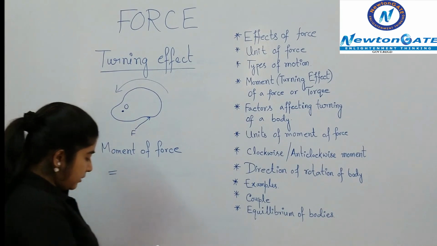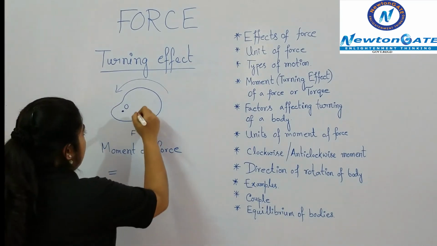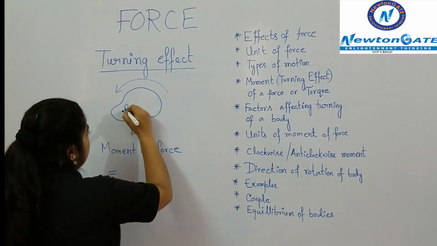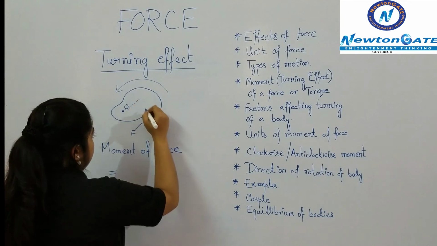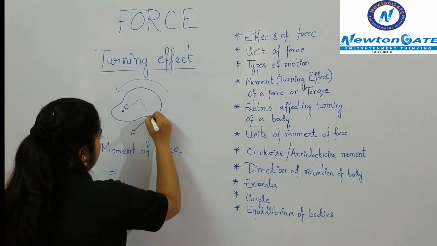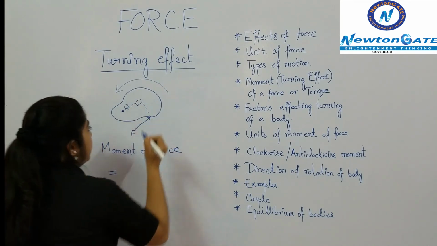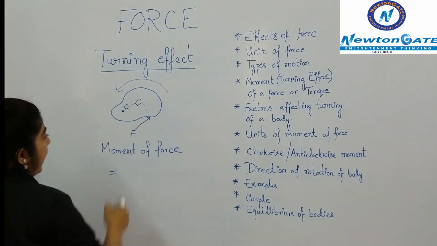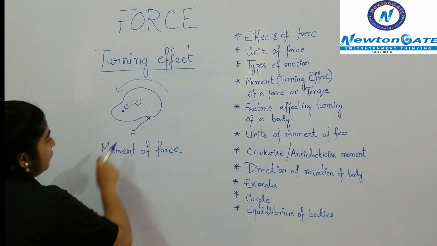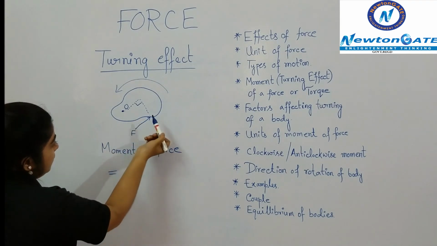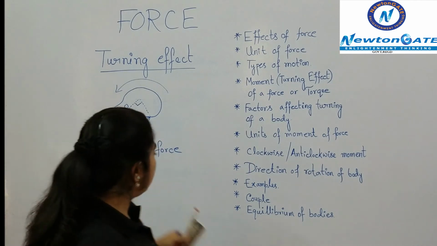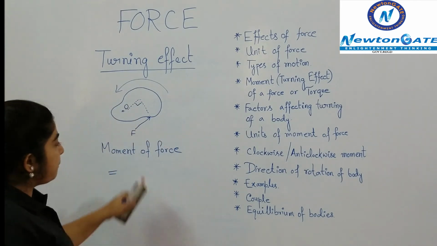Suppose this is the line of action of force. The perpendicular distance means the angle should be 90 degrees. This is called the moment of force.